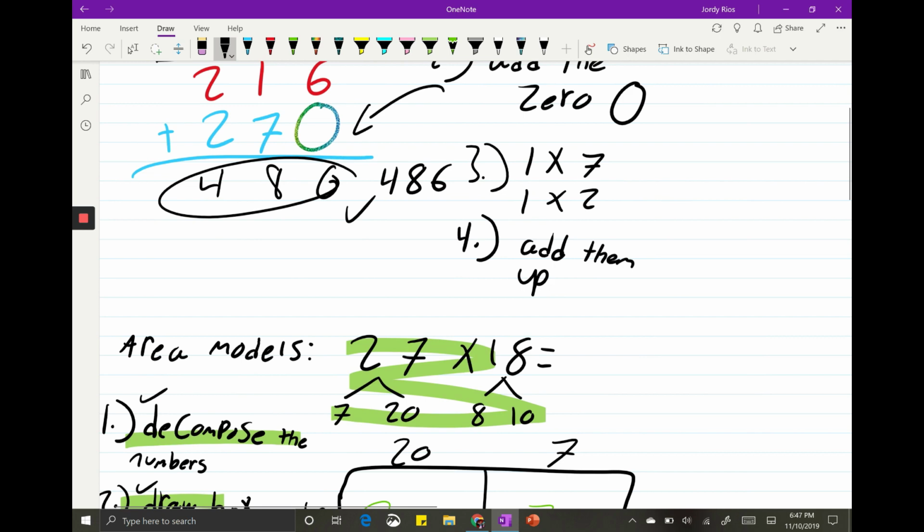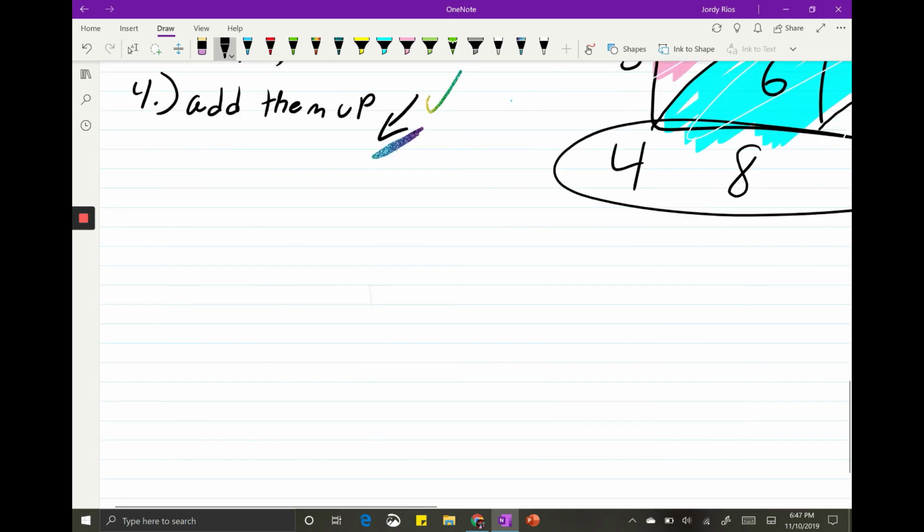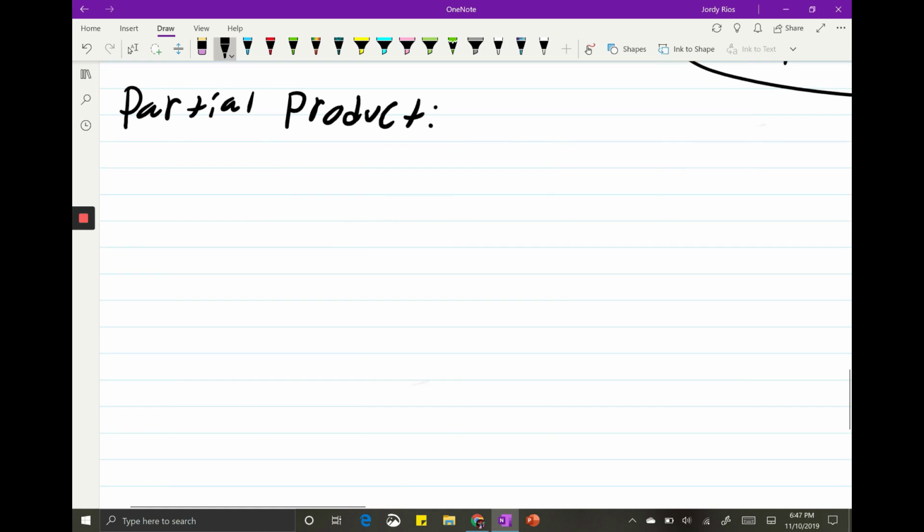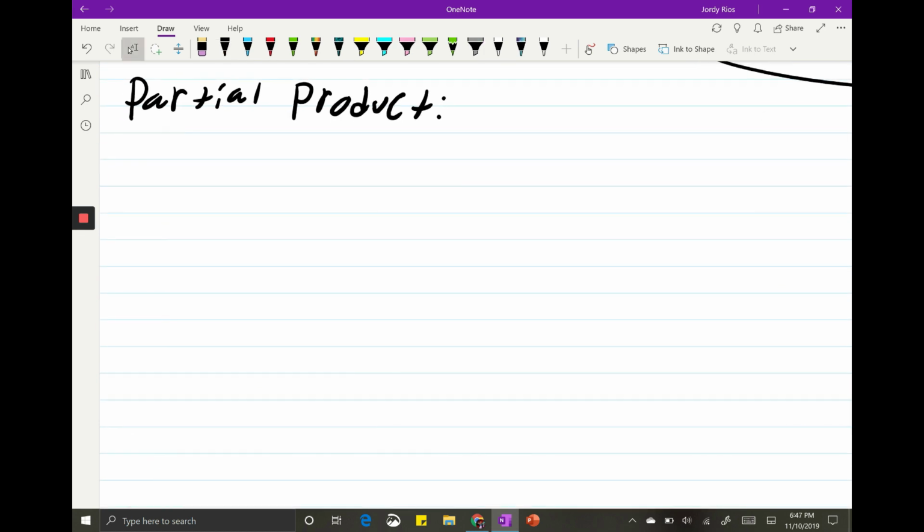And now we are going to do partial product. So with partial product, we are going to make sure that everything gets split up into its values.